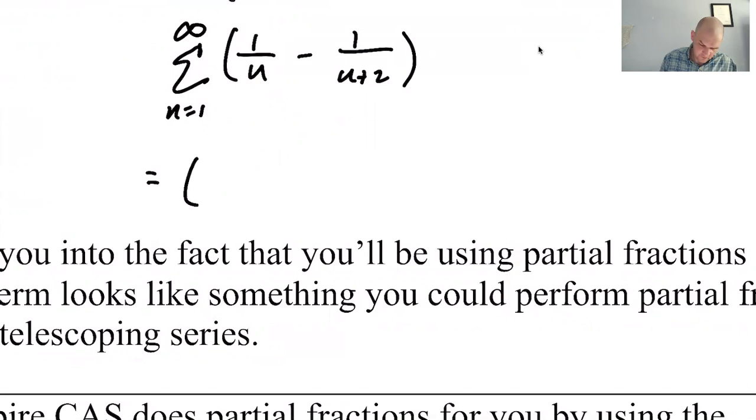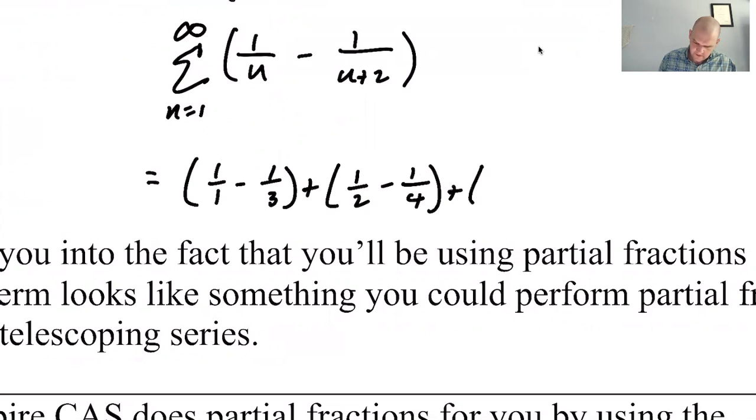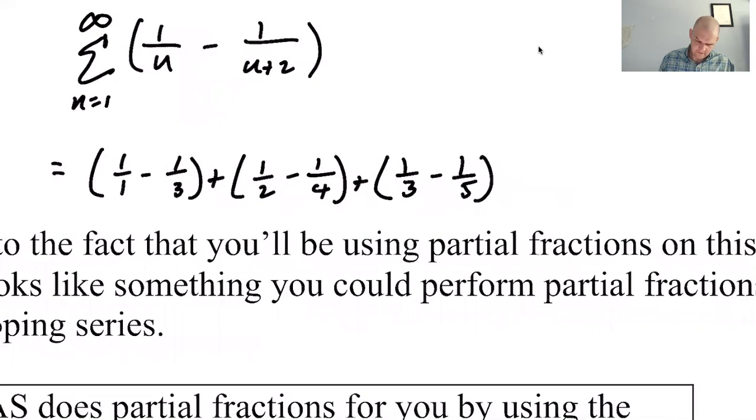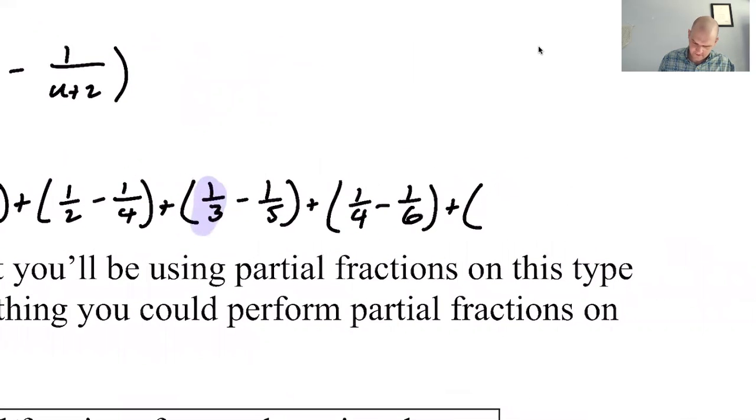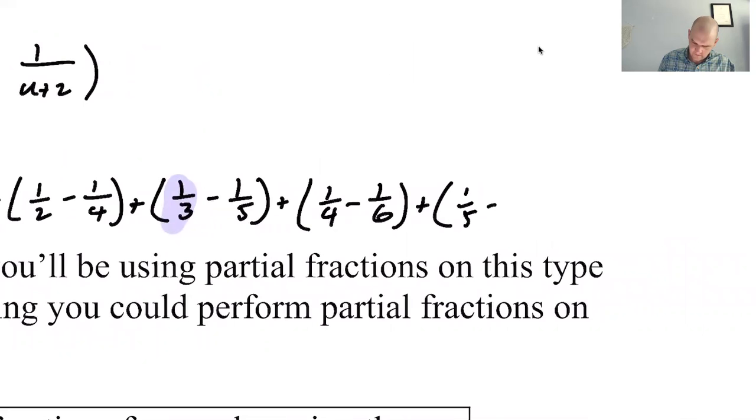Here, if we plug in 1, we get 1 over 1 minus 1 over 3, 1 over 2 minus 1/4. They're always 2 apart, the denominators, I guess, is what I'm referring to. So, all right, canceling. We've already got our first cancellation, minus 1/3 plus 1/3. I'll do a couple more just to show what's happening here. 1/5 minus 1/7 plus dot dot dot.